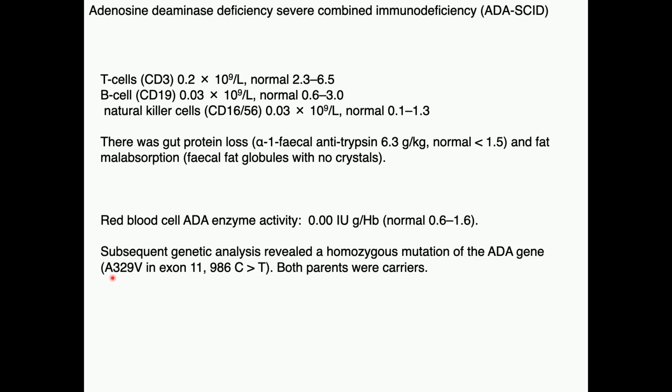It's probably not that big of a deal, but apparently in this case it is. Yeah, this would be non-conservative because of the bulkiness of the valine. Chemically, they're still going to be hydrophobic, but I think just the bulk of that branched side chain is going to make it non-conservative.